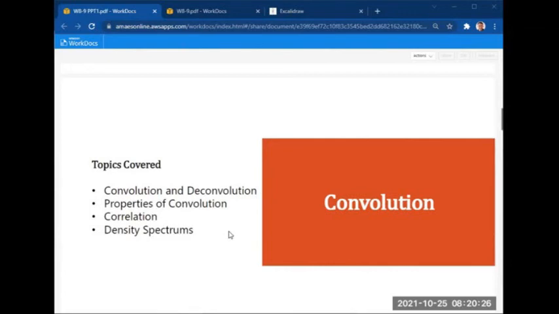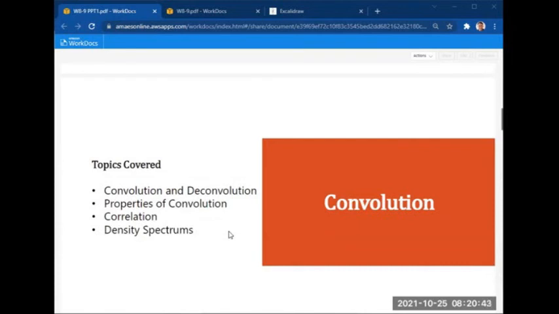Before we start, just a little recall about our previous topics. We started with an introduction to signals, then amplifiers, signal flow.